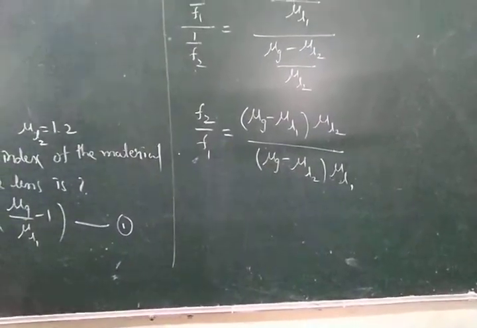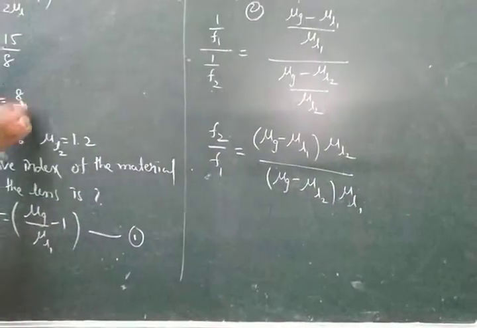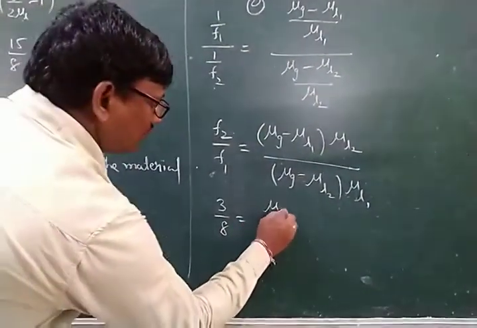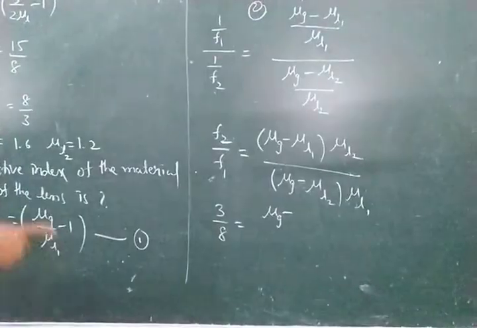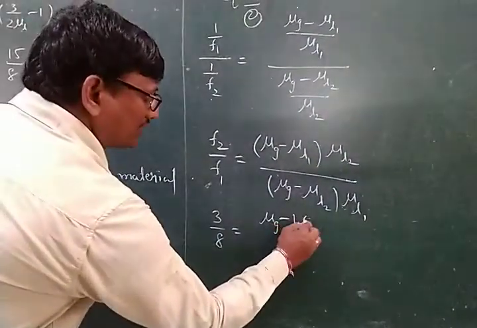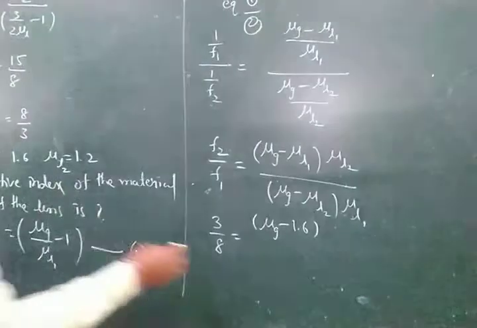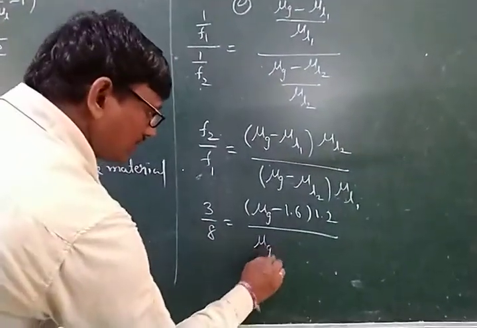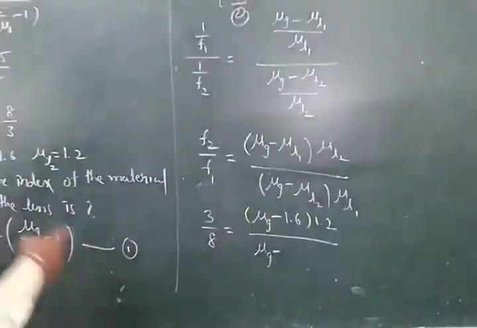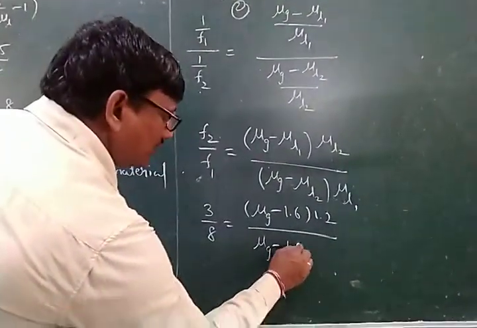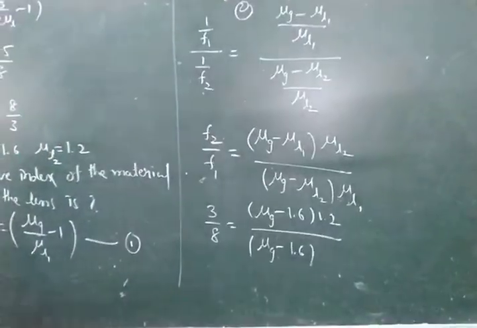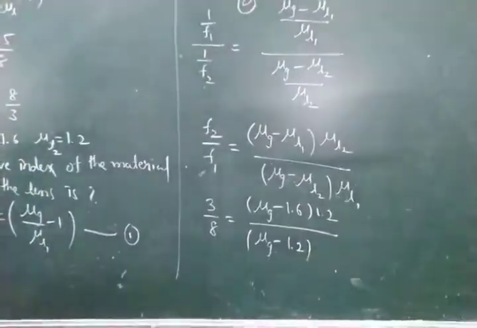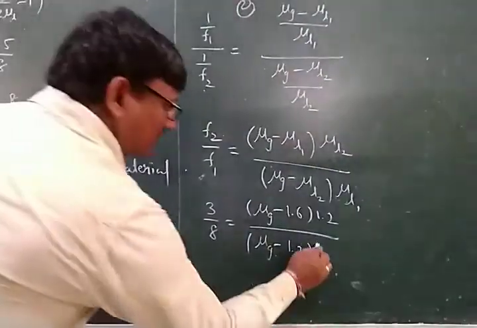Actually f1 by f2 is given as 8 by 3, but here f2 by f1 is 3 by 8, which equals (nu G minus 1.6) into 1.2 divided by (nu G minus 1.2) into 1.6, where liquid 1 has refractive index 1.6 and liquid 2 has 1.2.